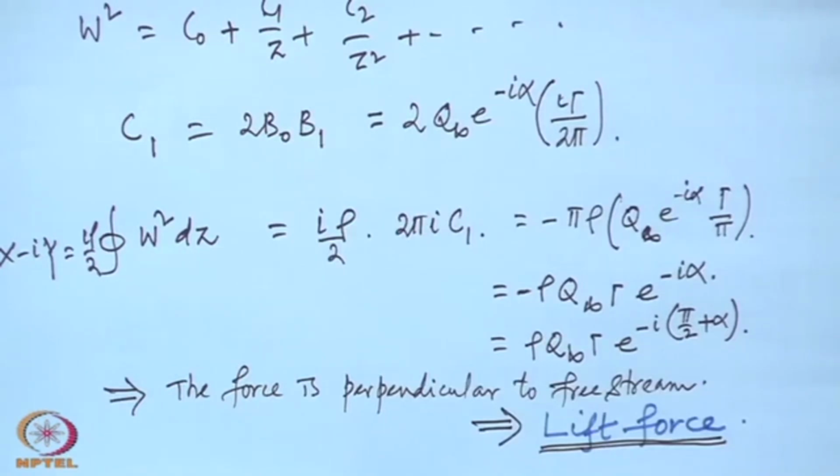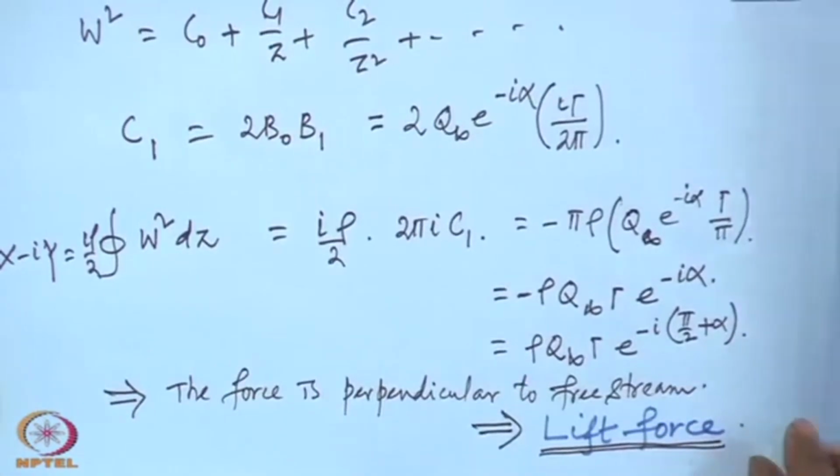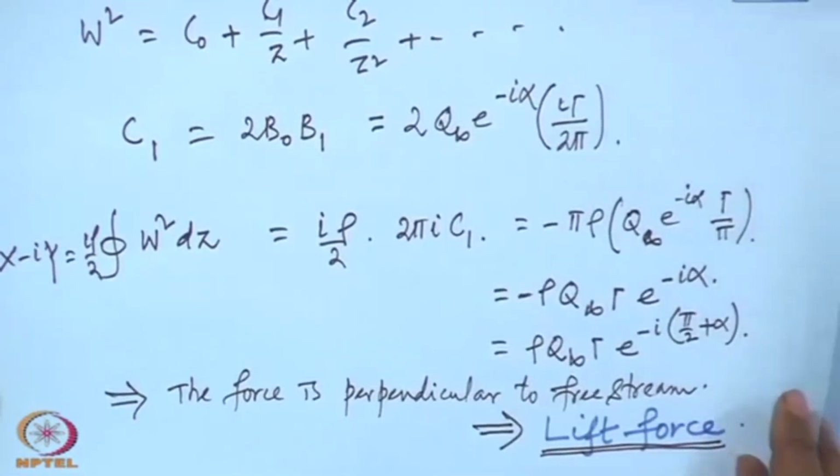We cannot have a drag force. A force in the direction of the flow is not possible. Of course, this is an unacceptable result, that force in the direction of the flow is always 0, which is never true, but that is what a two dimensional potential flow gives. A two dimensional potential flow gives only lift force.